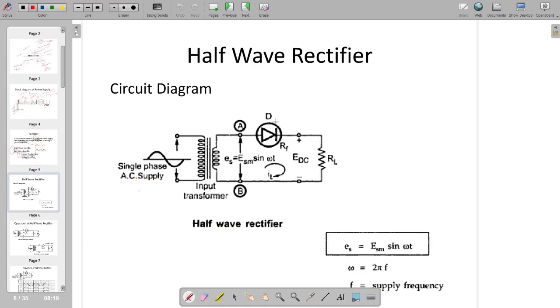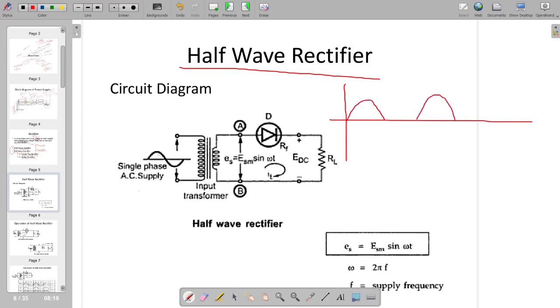Now we discuss the half-wave rectifier operation. What is meant by principle of operation? How it works. This is a transformer. To understand this circuit arrangement, the half-wave rectifier is named so because we get only a half wave in the output. On the omega t axis we have 0, pi, 2 pi, and 3 pi.